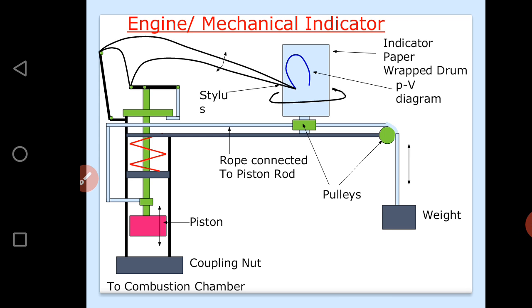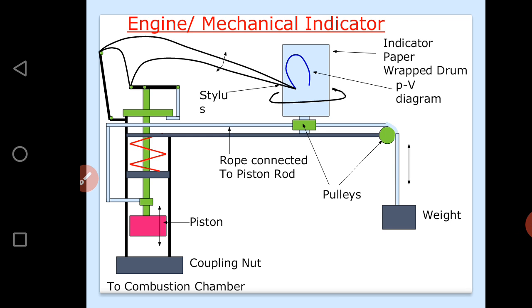So in our previous lecture, we discussed the method to find out the indicated power. In that we used the indicator diagram, that is, a PV diagram. The indicator diagram is drawn with the help of an engine indicator or mechanical indicator.